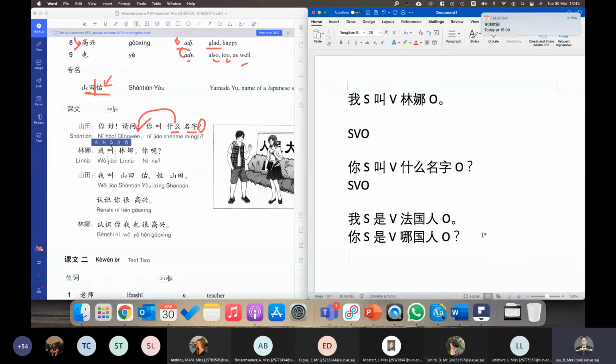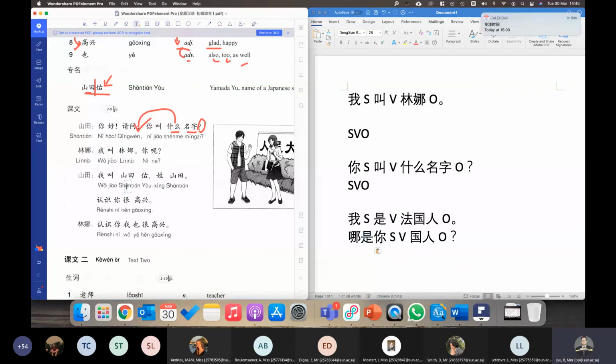This is what I wanted to point out, another unique characteristic of the Chinese language. Yes, we do have the question pronoun, but you don't need to put the question pronoun in front of the sentence and put the verb in front of the subject. Hope you follow me. We'll see this continuously, right?